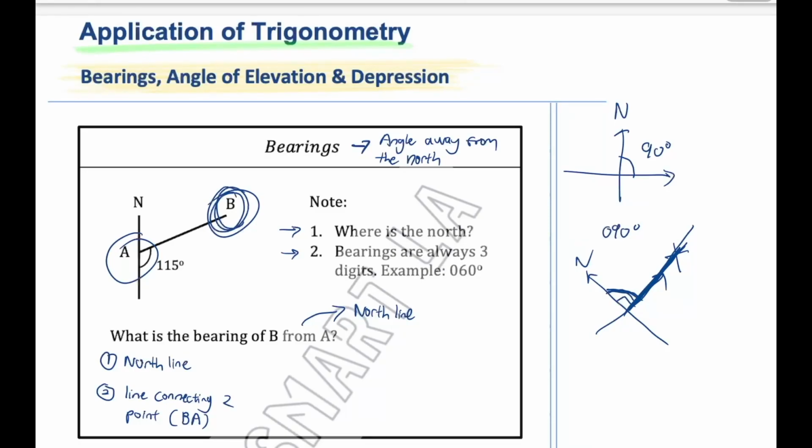Because when we are finding this bearing, essentially, let me show you what we are referring to. This is the bearing that we are referring to. This is the bearing.